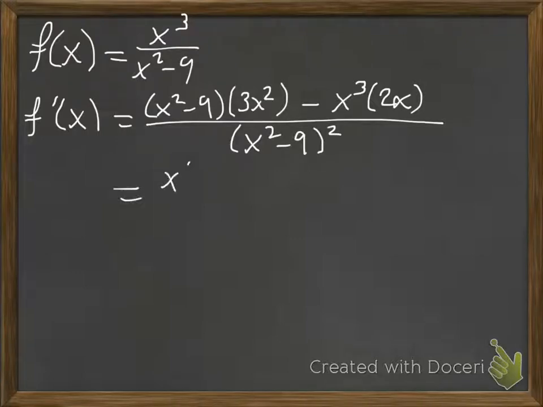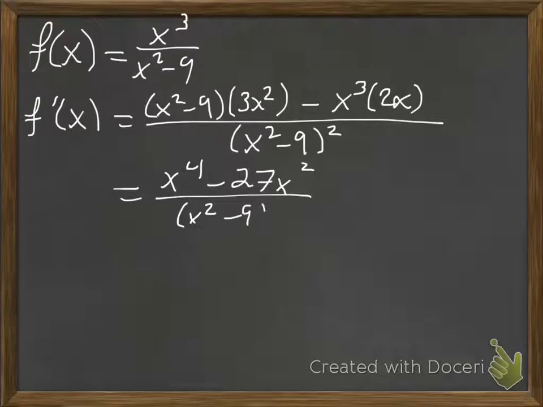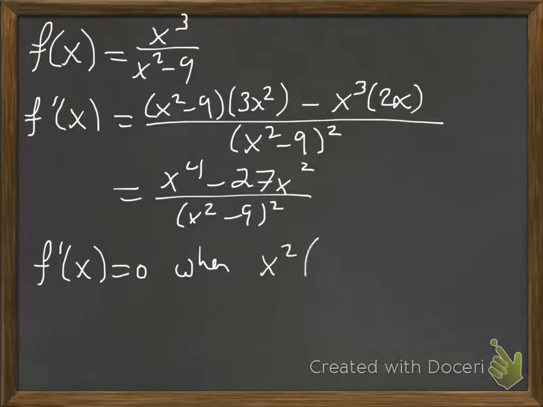We'll go ahead and clean that up a little bit. So we got x to the fourth minus 27 x squared all over x squared minus 9 quantity squared. We'll clean it up a little bit further. A fraction is equal to 0 when the numerator is equal to 0. So when x squared times x squared minus 27 is equal to 0.